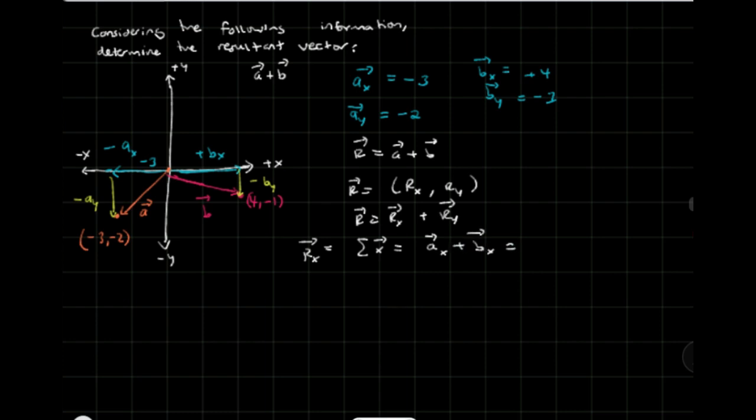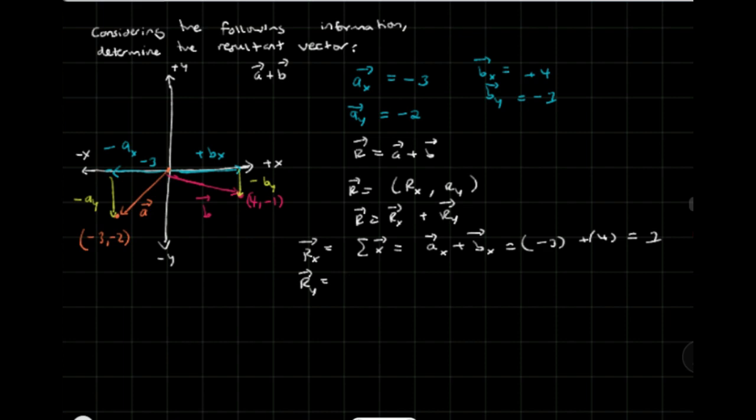Now we have these values, and because we are looking at the directions, the negatives and the positives are important. We have negative 3 plus 4, because we said right is the positive direction, left is therefore the negative direction. So we basically get 1, right?